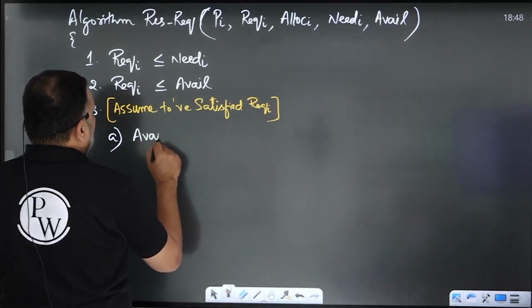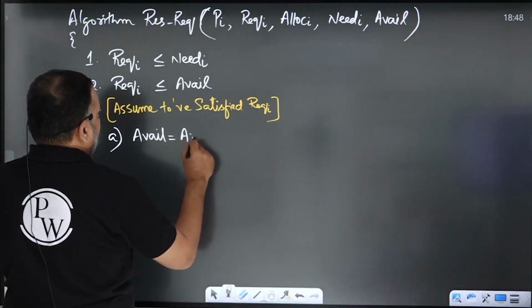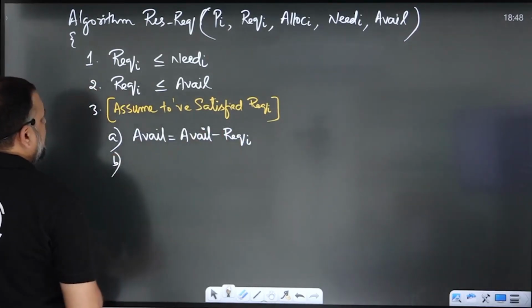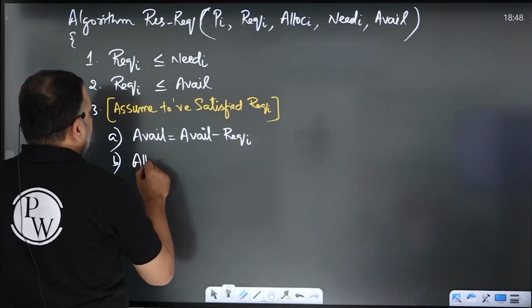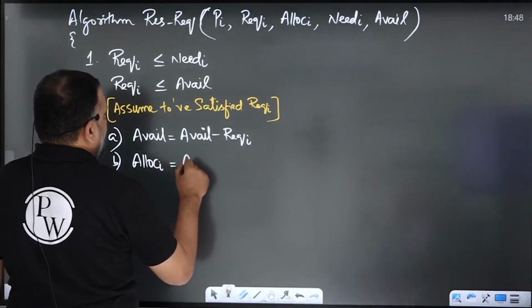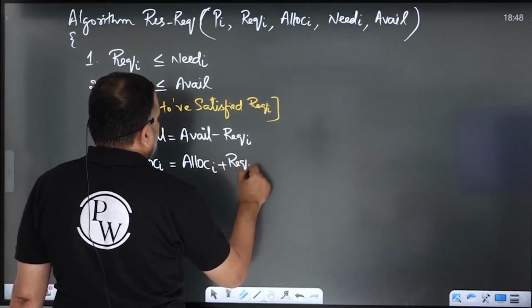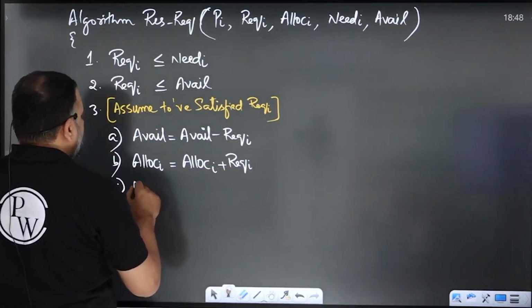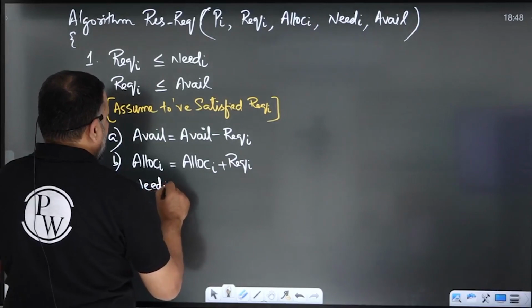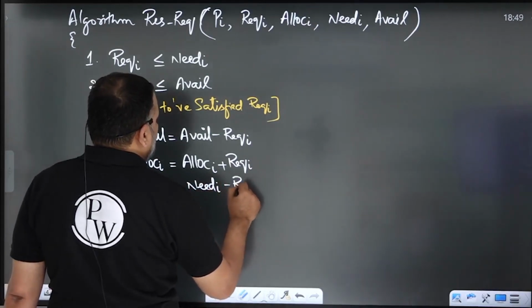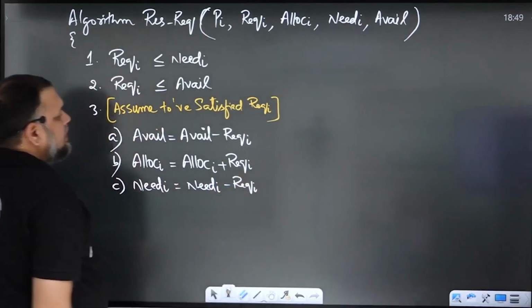So my current available will get reduced by request. Allocation of the process will improve by request. The need of the process will get subtracted by request. These are the changes that we are going to make when I am assuming to have satisfied the request.